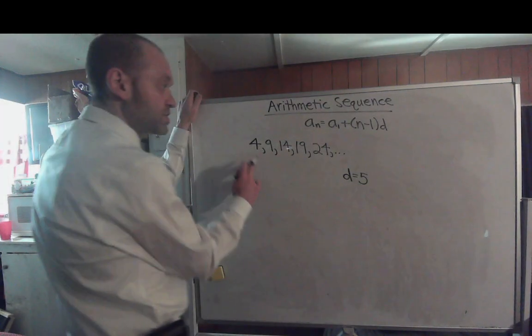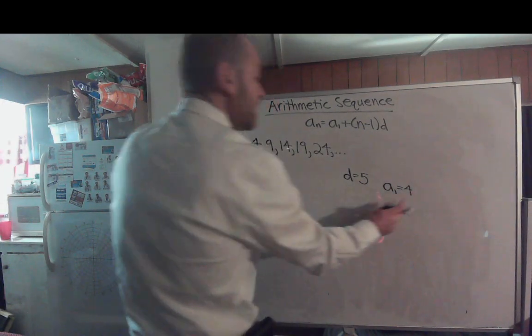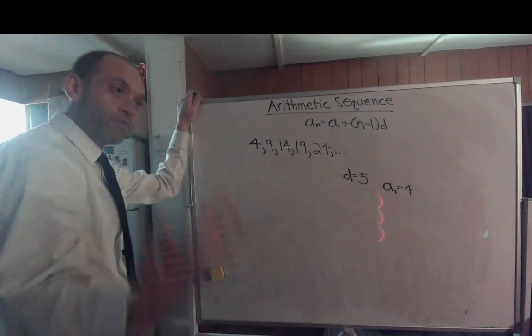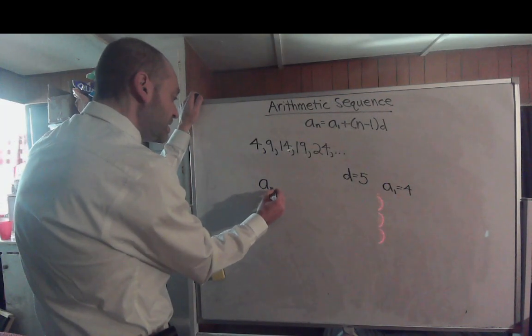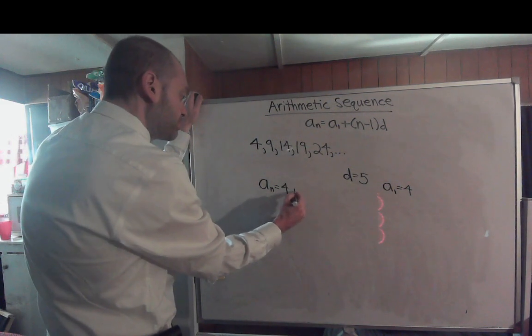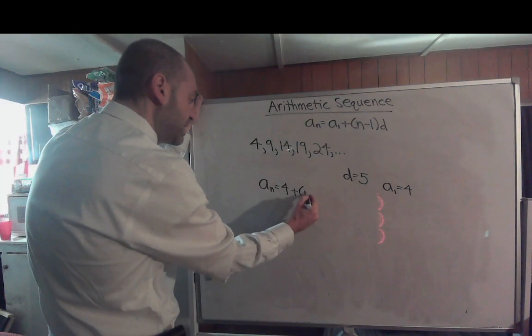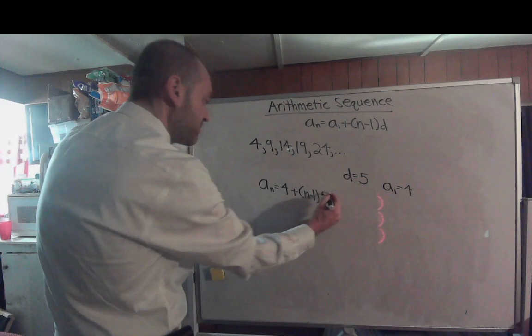Our very first term is 4. A sub 1 is 4, so we actually have enough to go ahead and find the formula for the sequence. So a sub n is going to equal my a sub 1, which is 4, plus the quantity of n minus 1 times my common difference of positive 5.